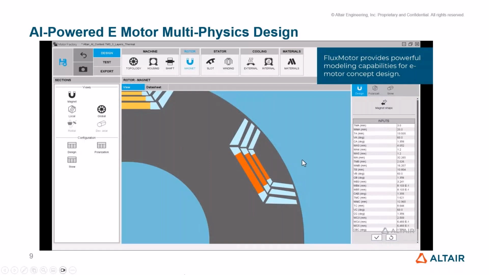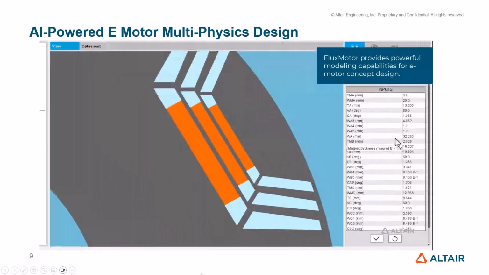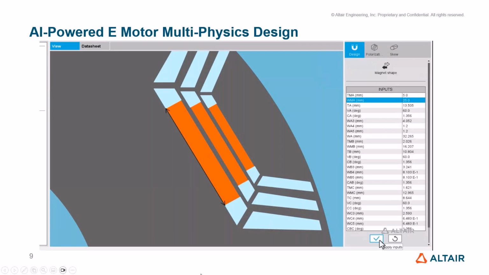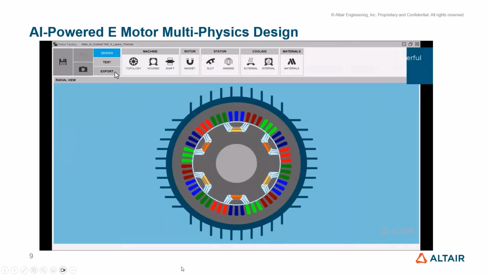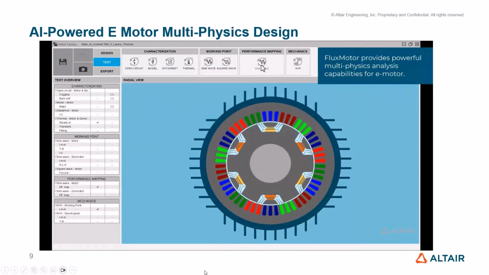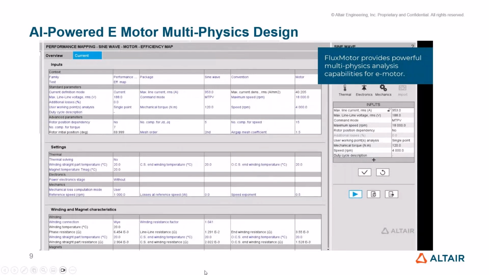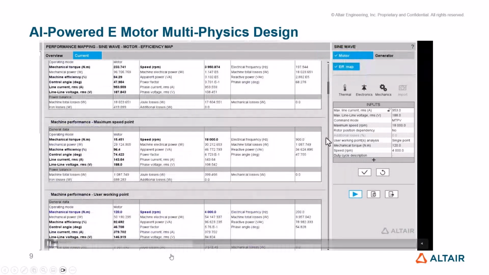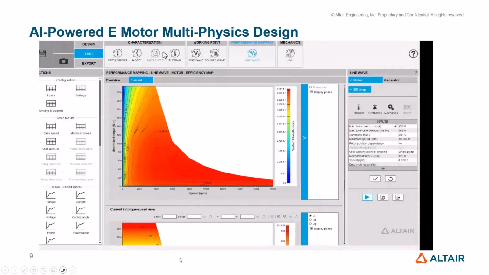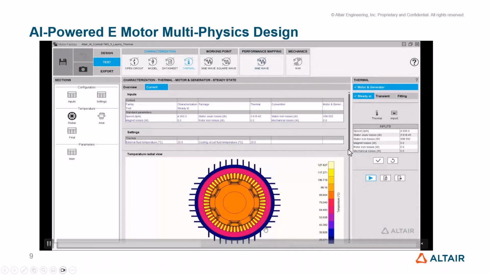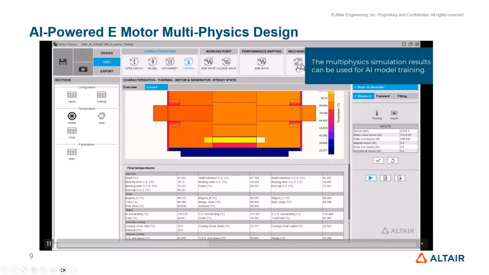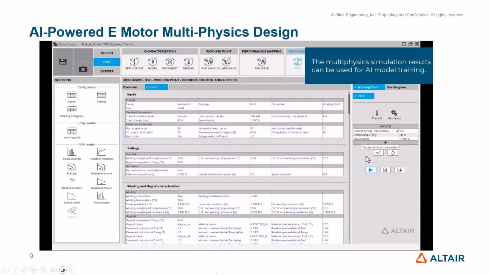this is to show you how we actually configured the Flux Motor model. So we have the machine model in here with all the parameters. And as I mentioned, we can get the EM data from Flux Motor and also the thermal, and also NVH, as you see.